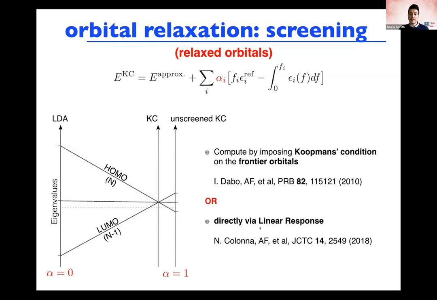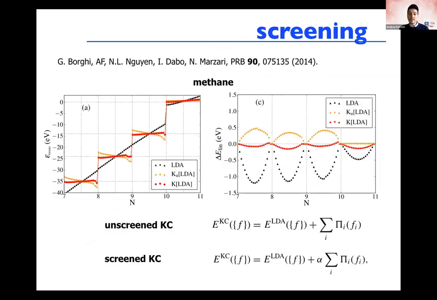Or, and this is Nicola Colonna's work, these alphas can be estimated by linear response, again as U can also be estimated using the HP code.